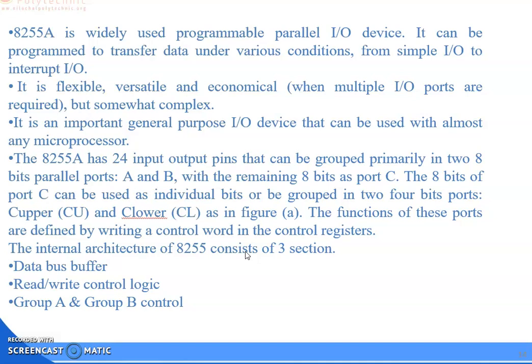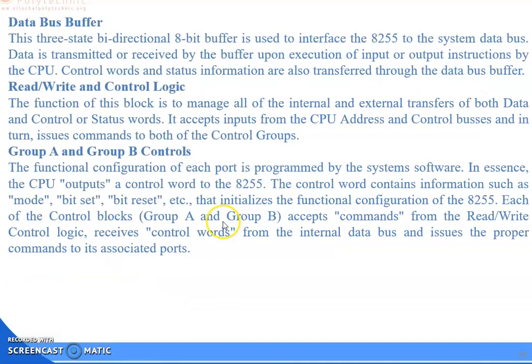The internal architecture of 8255 consists of three sections. One is the data bus buffer, second is the read or write control logic, and third is group A and group B control. First one is the data bus buffer. This three-state bidirectional 8-bit buffer is used to interface the 8255 to the system data bus.